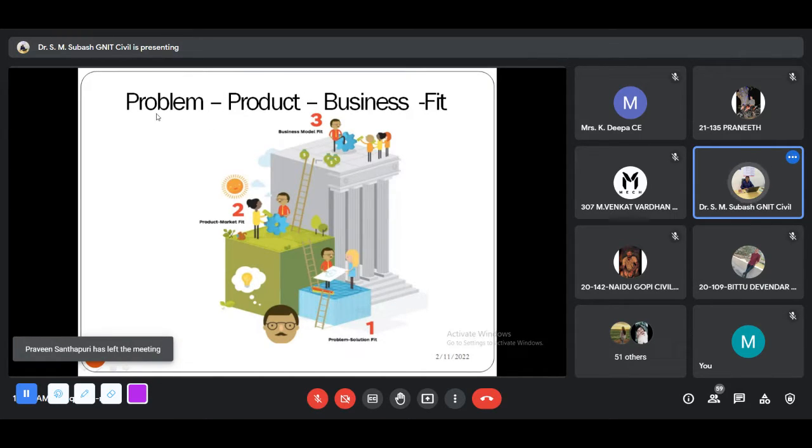First of all, what you need to do is identify the problem. If you are a civil engineer or anything, first identify the problem, for example with construction materials. Materials for construction are little costly, and there is an unavailability of materials.